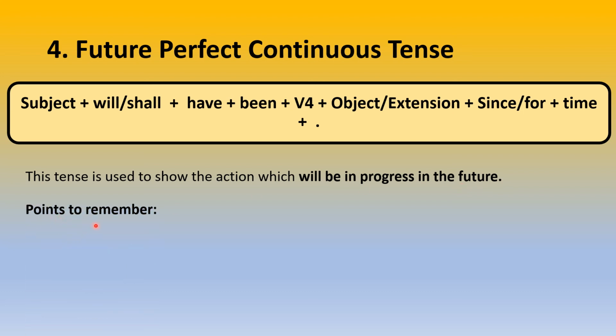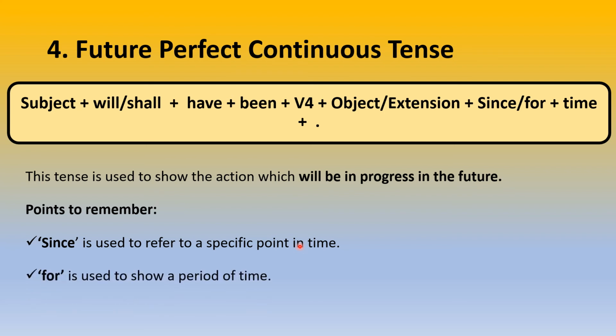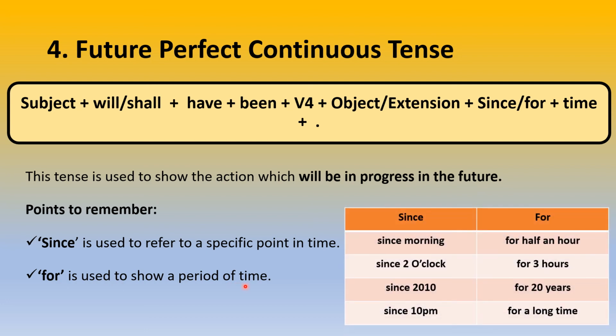Remember the following points. Since is used to refer to a specific point in time, and we use for to show a period of time. Here are a few uses of since and for. Since morning, since 2 o'clock, since 2010, since 10 p.m. You're talking about a specific point in time.